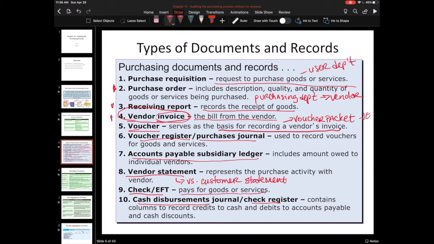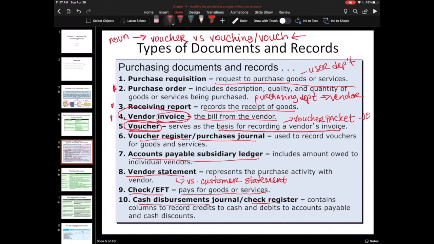One last thing I want to point out here with the voucher: the voucher or voucher packet is the basis for recording the vendor's invoice. Note that this is distinct from vouching. So we have voucher versus vouching or vouch. Voucher is the noun. It is this document in the purchasing process.